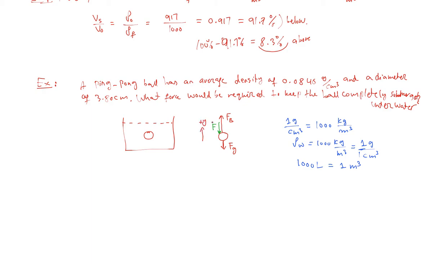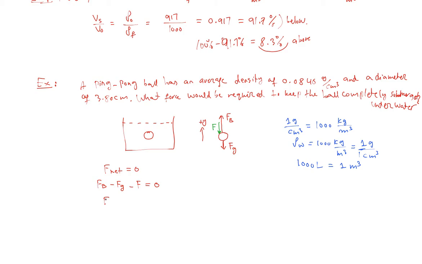So when we apply this additional force, then the net force becomes 0, and then F net equals 0. It means FB minus FG, and we need to apply this force downward, minus F, must be equal to 0.